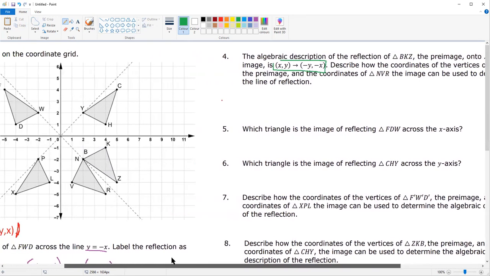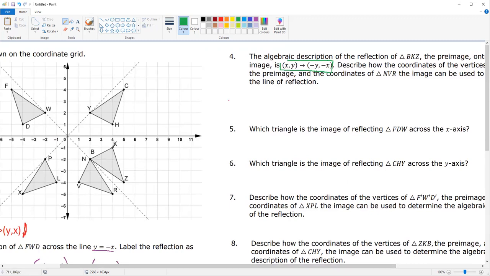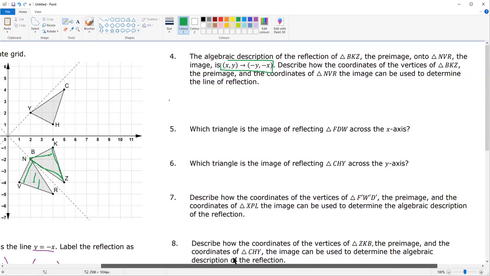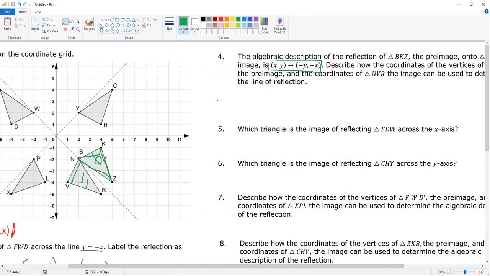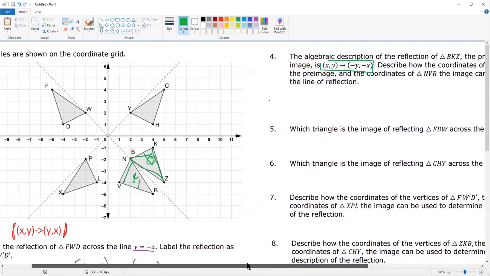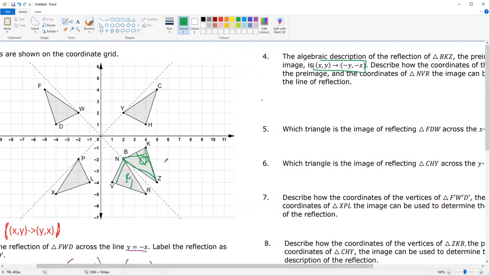So they're talking about BXZ and NVR, these two right here. This was the pre-image, and this was the image, and this was the algebraic description. Well, this is pretty much what we've been doing before.